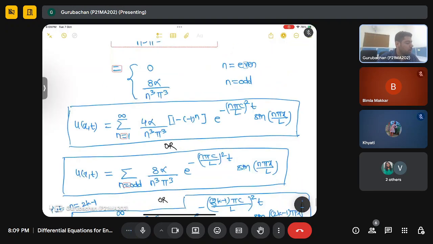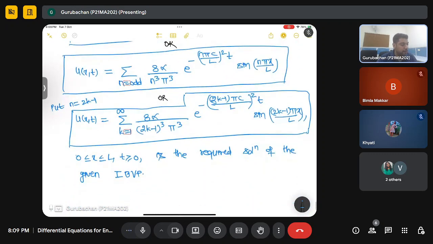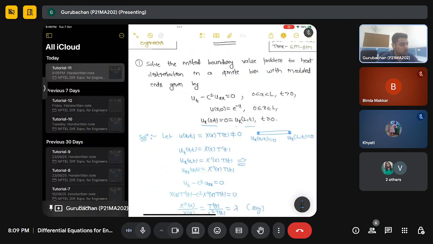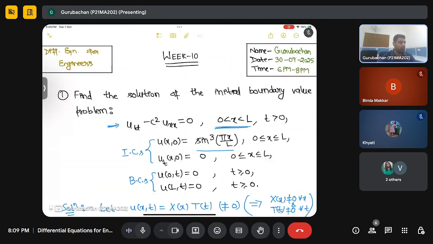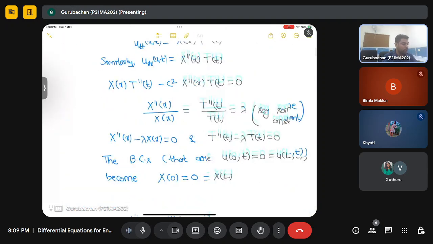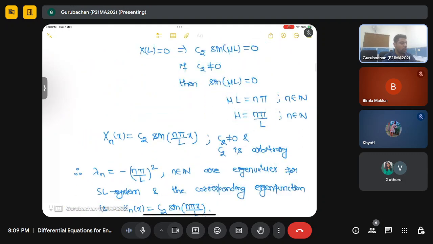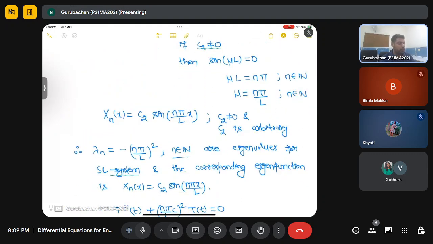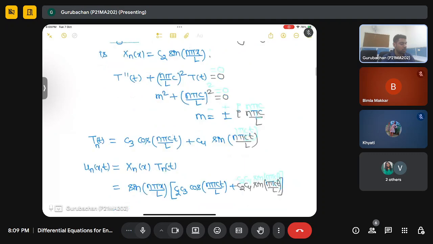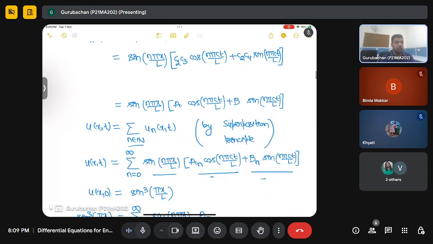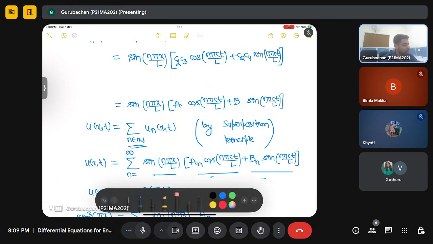So this was all about today's session. Let me just mention one thing from the week 10 problem solving session. Here we have concluded our eigenvalues from natural numbers, so our series will be expanding from natural numbers, but because of some ambiguity, I mentioned it here from 0 to infinity. This should be n from 1 to infinity.